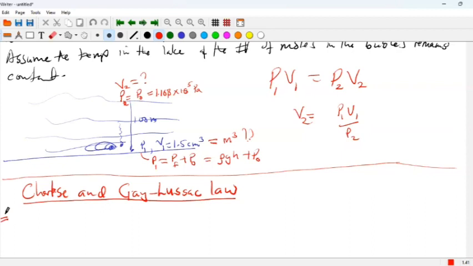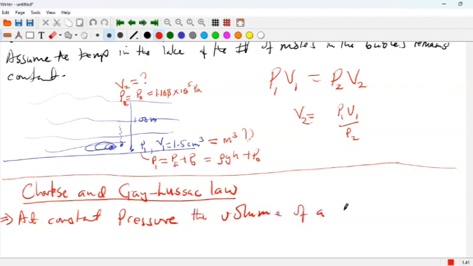Here we are going to have, at constant pressure, the volume of a gas per unit temperature remains constant.